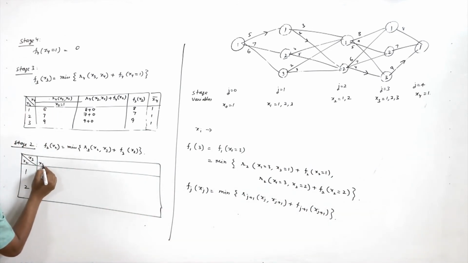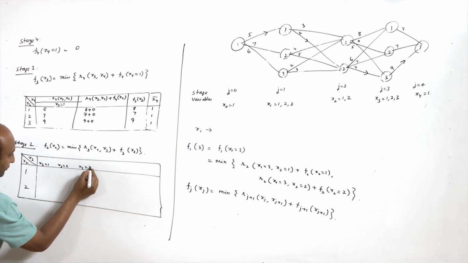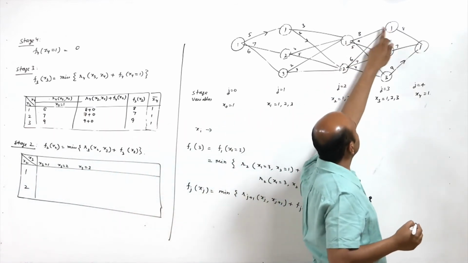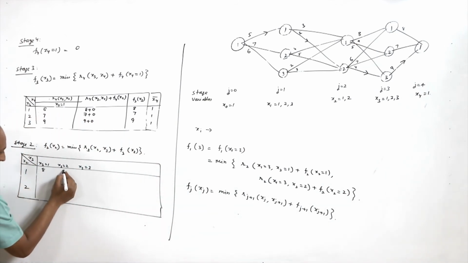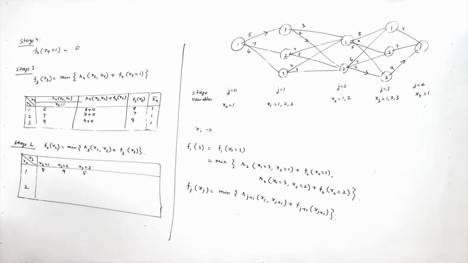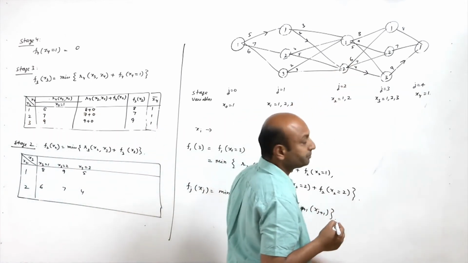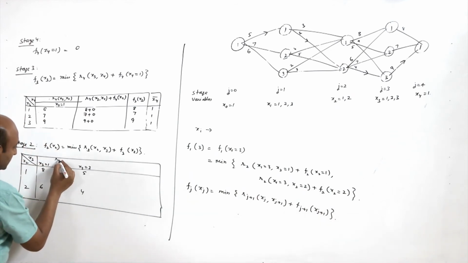For x3 we have values 1, 2 and 3. The arc lengths are 8, 9, 5, and then 6, 7, 4. These are r3 x2 x3.